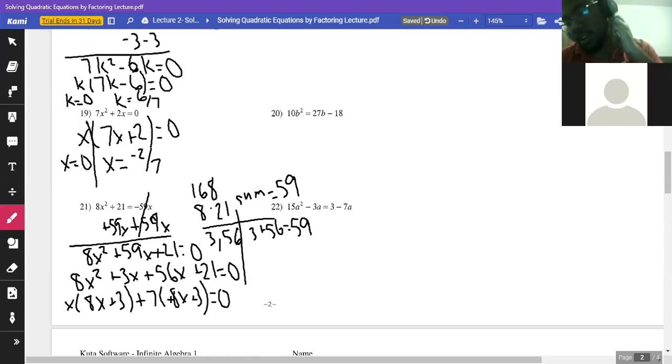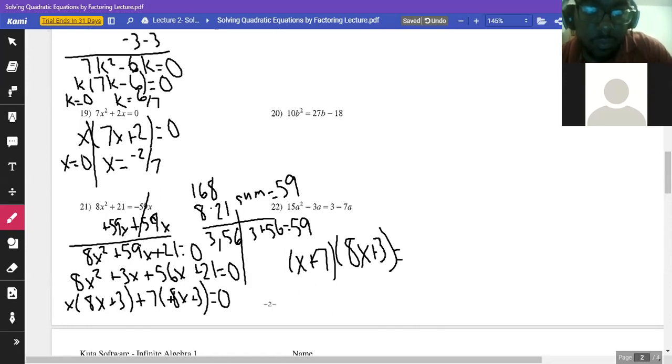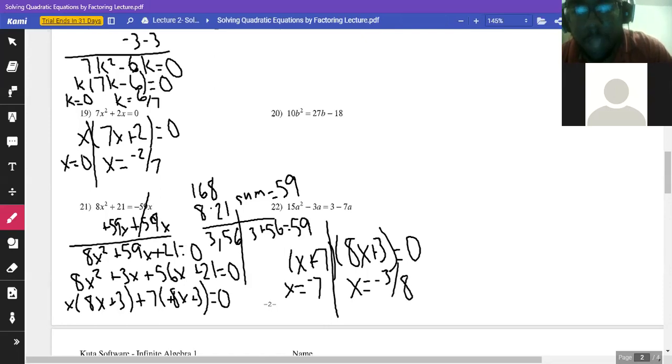And then let's see, so I have x groups of 8x plus 3 plus 7 groups of 8x plus 3. Then x is either equal to -7 or x is also equal to -3/8.